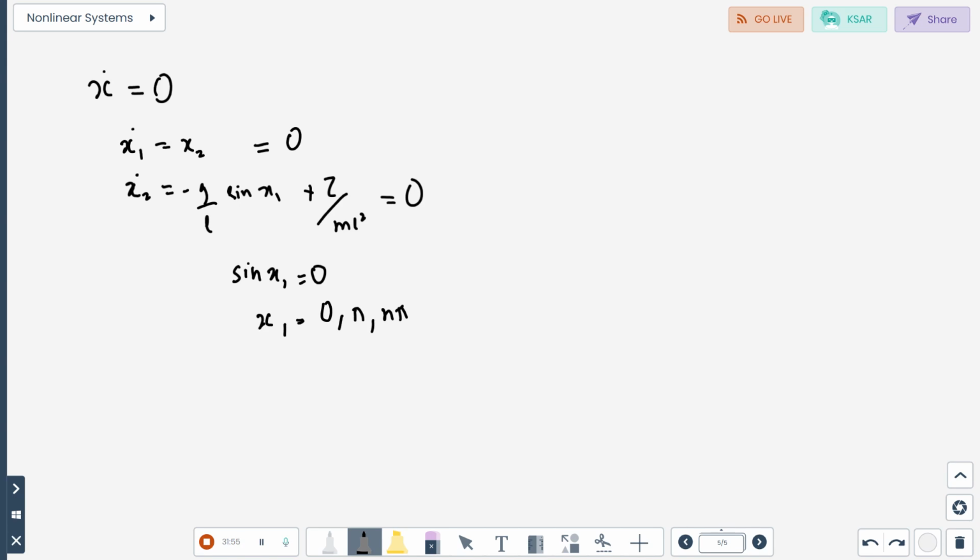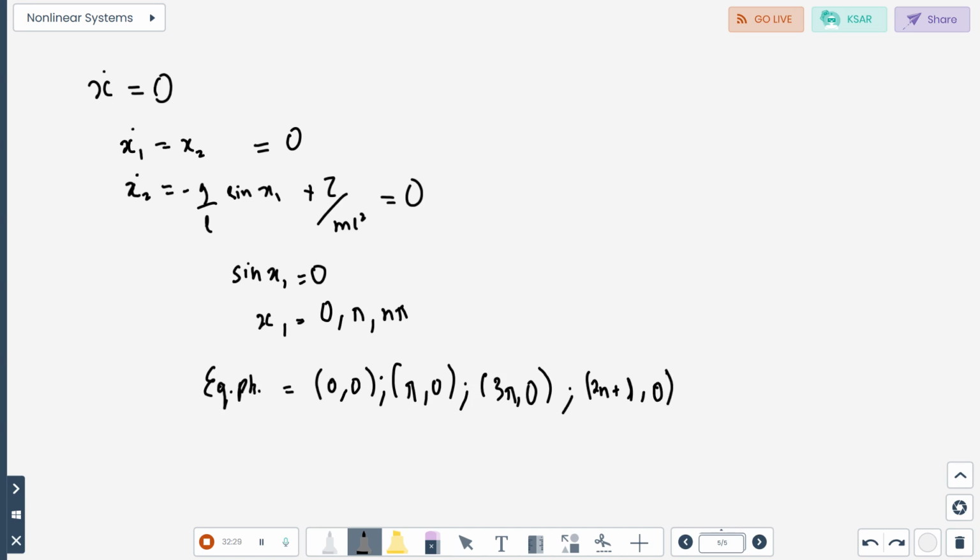So what will be the equilibrium points? The equilibrium points therefore will be 0 comma 0, pi comma 0, 3 pi comma 0, and in general (2n plus 1) pi comma 0, where 2n plus 1 represents all odd numbers: 5 pi, 7 pi, 9 pi, and so on.